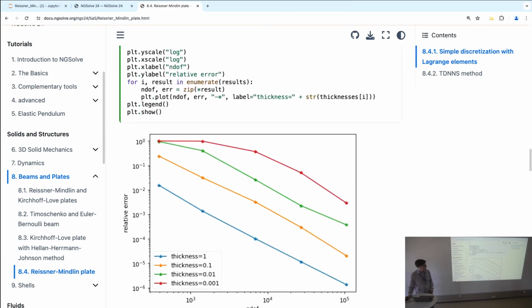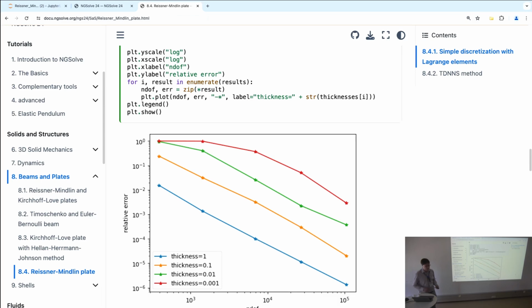If I look at the relative error, I see that if the thickness is 1, then I see nice convergence. But if the thickness goes smaller and smaller, then we see that the pre-asymptotic regime starts growing, which is called locking. So it wants to be 0 at the beginning.